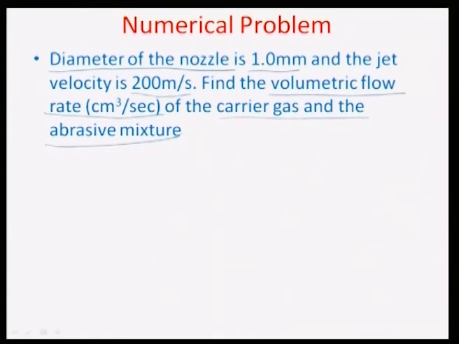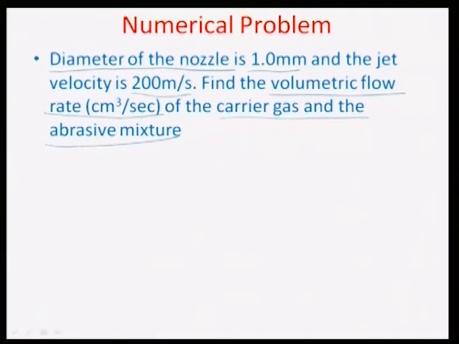Okay. So, obviously, fluid mechanics teaches you that cross sectional area times the velocity becomes the volume flow rate. So, in this case it is a circular cross section.